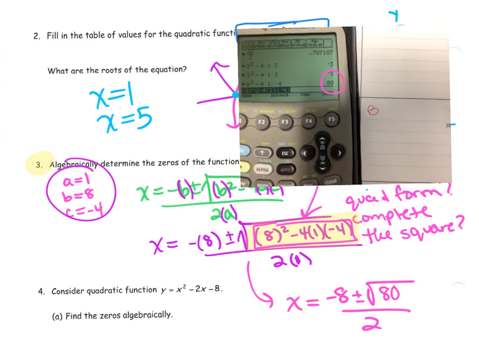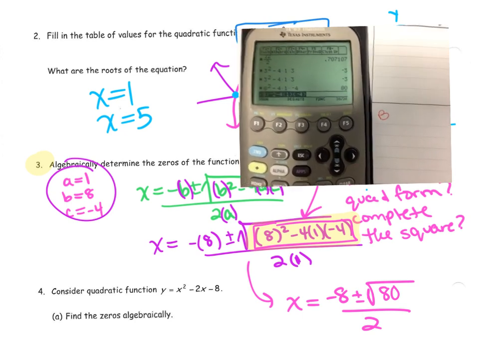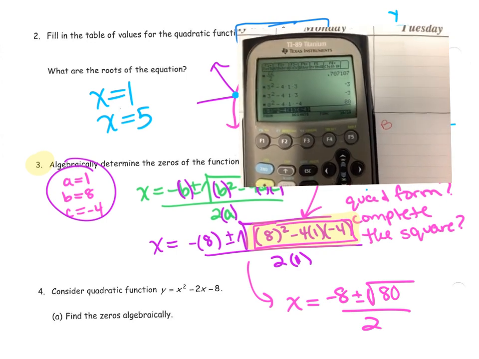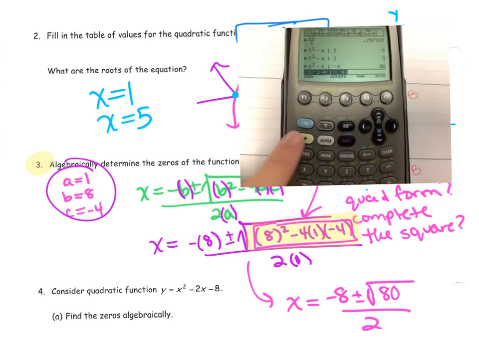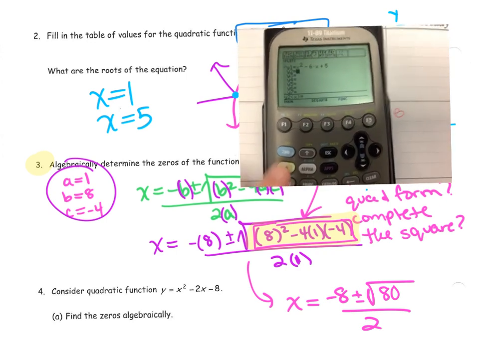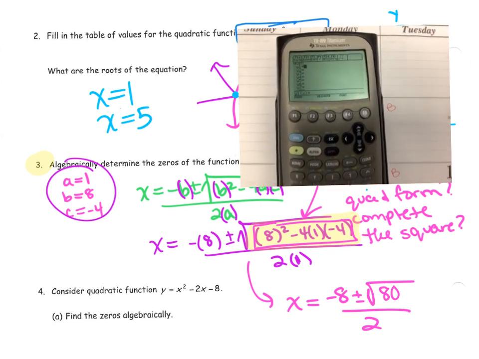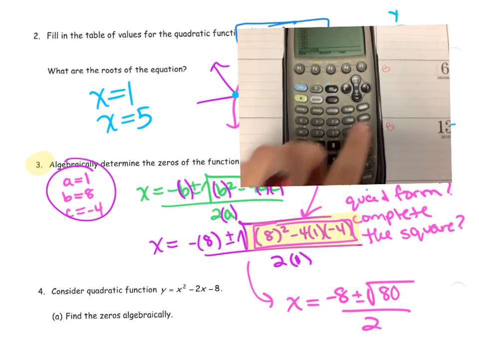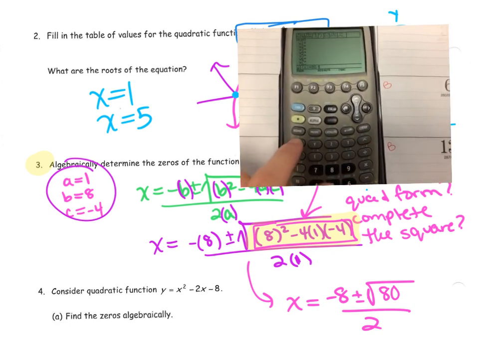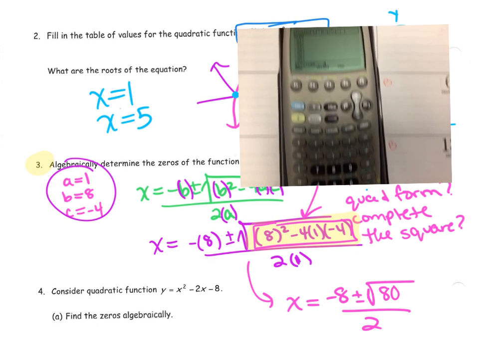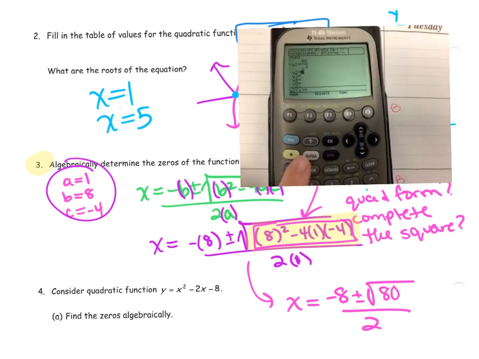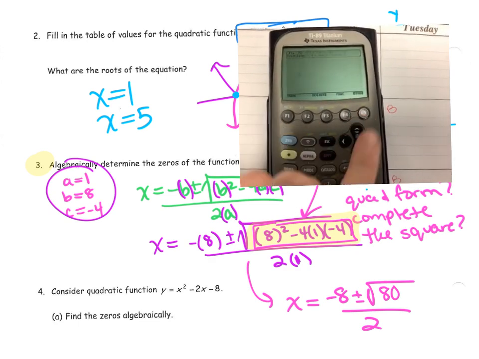Okay, well now we want to simplify this. To figure out what the square root of 80 is, I'm going to go to diamond F1 to get to y equals. I'm going to take the number under the radical, so that was 80, divide it by x squared. Remember to click enter, and I'm going to click diamond F5.